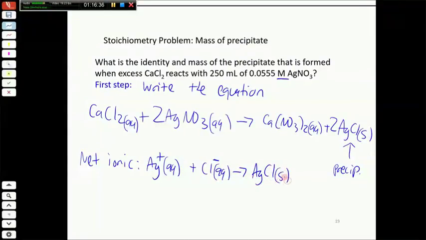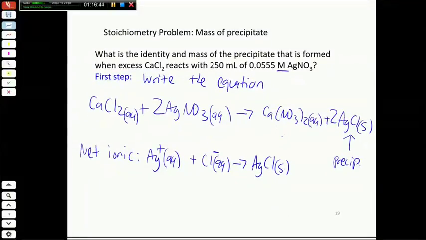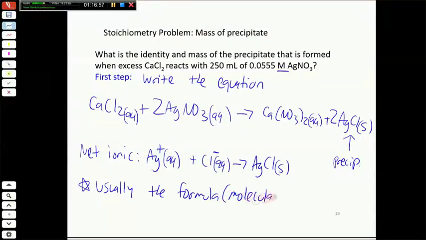So when you're doing solution stoichiometry problems, typically you could use either the full equation or the net ionic equation, but the full chemical equation is often more convenient. We could use either of these, but usually the formula, or what we call the molecular equation, the full equation that has all of the species written in full.